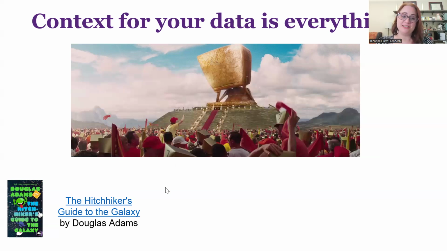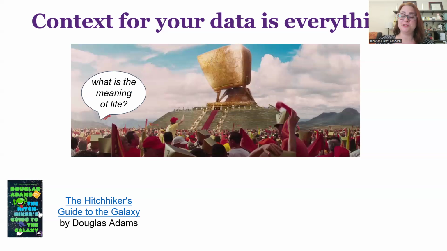If you're unfamiliar, this is from a book series called The Hitchhiker's Guide to the Galaxy. They're classics. They're amazing. Read them if you haven't. In this particular story, we have an advanced civilization that builds a supercomputer, Deep Thought, to answer the question, what is the meaning of life?